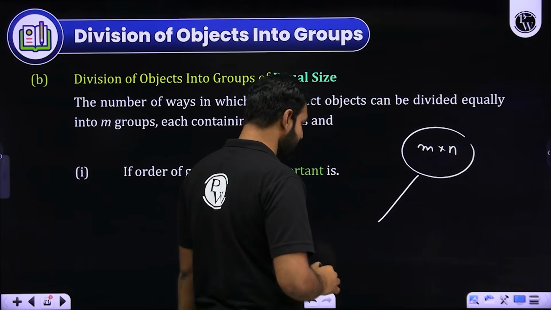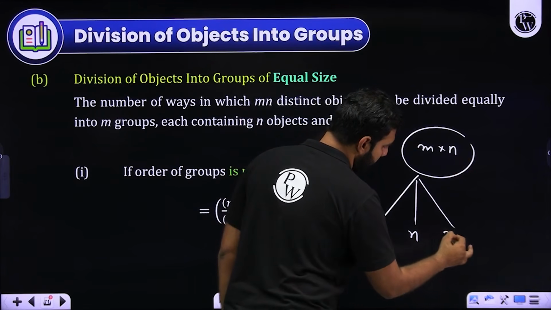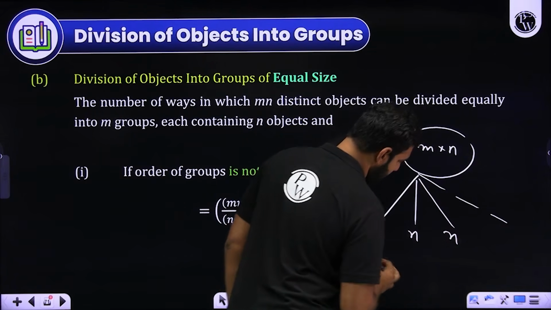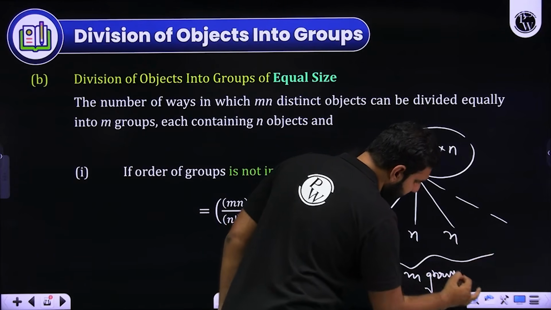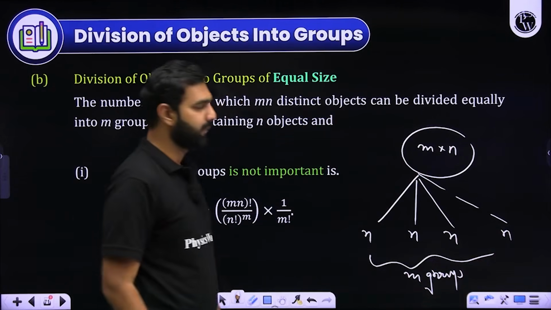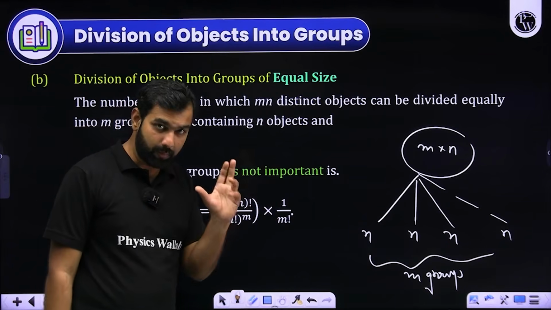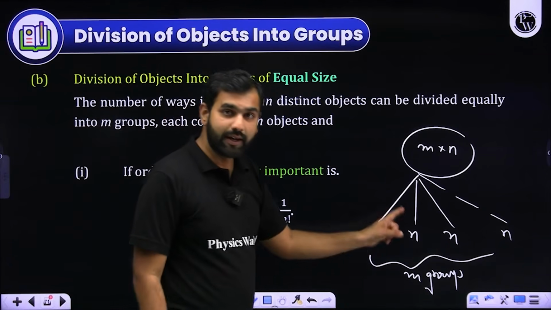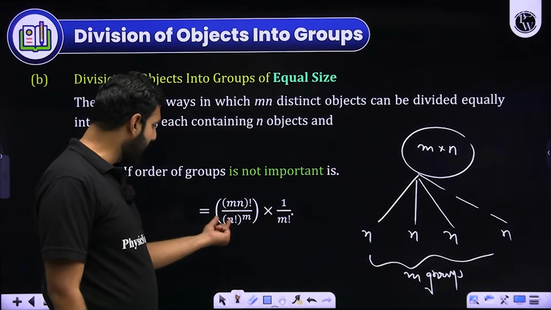I created the first group of size n, second group of size n, third group of size n. So such m groups of the same identical size of n I am creating here. So the numerator will have the total number of people, which is mn factorial, divided by n factorial into n factorial into n factorial, m times, which will give you n factorial raised to the power m.